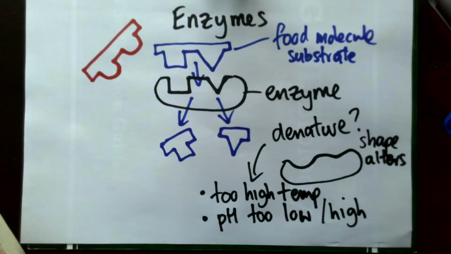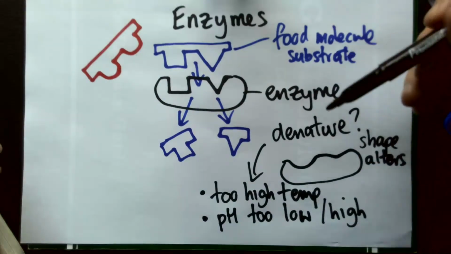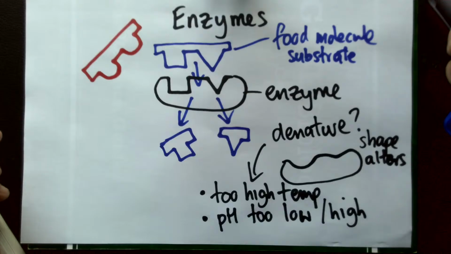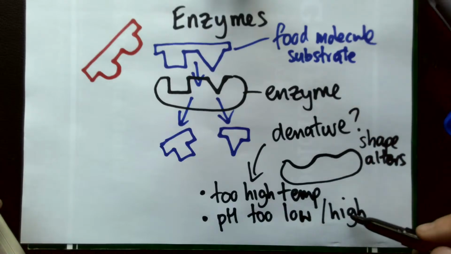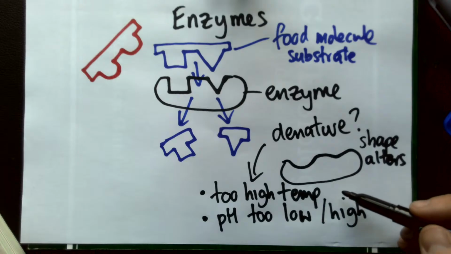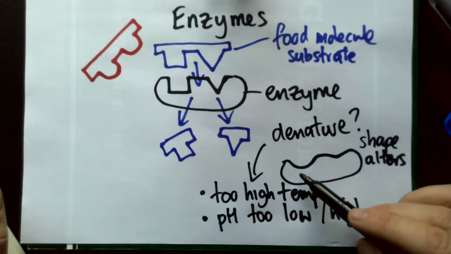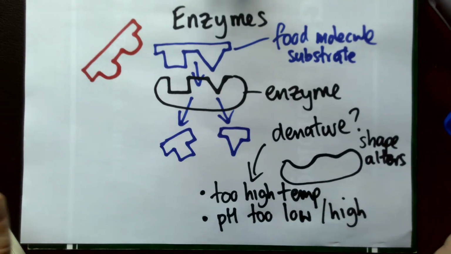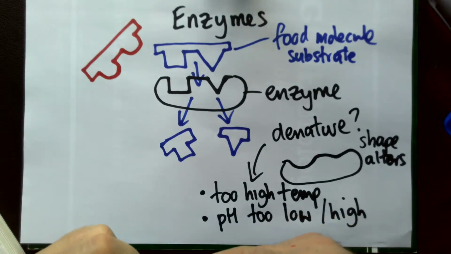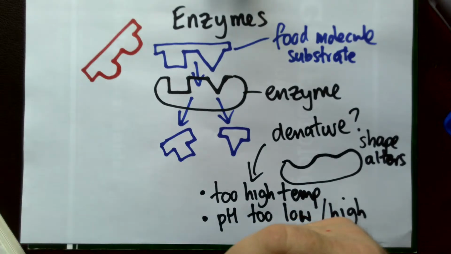If the environment for your enzyme goes too acidic or too alkaline, it won't do its job properly. It denatures. Too high a temperature changes the shape of the protein, and it doesn't do its job anymore. There's one last one, which is if it goes too cold.